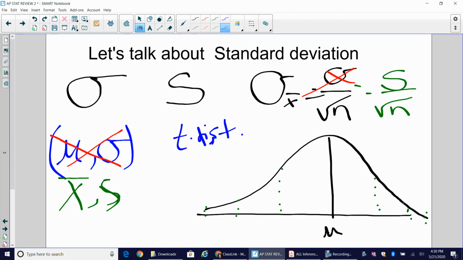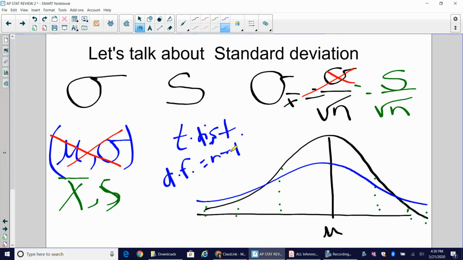Remember, sampling error is also called natural variability. It happens. I use that word error. That doesn't mean we did anything wrong. So what the t-distribution says is, okay, we're going to allow for a little bit more variation in the tails. The distribution won't peak so high. And it allows just for a little bit more variation. And it's based on what's called the degrees of freedom, which is n-1.